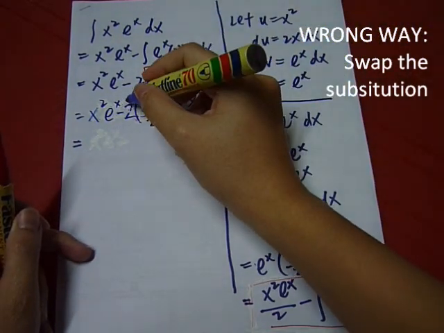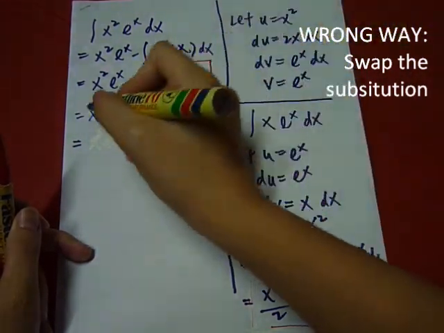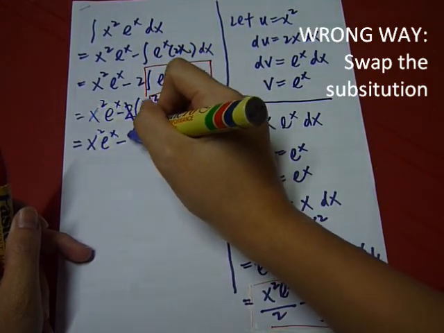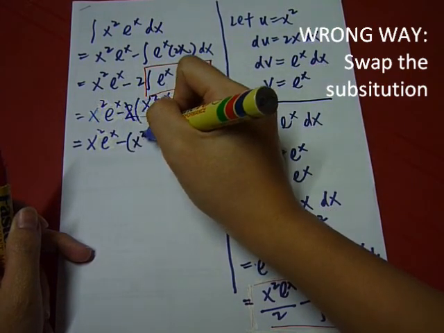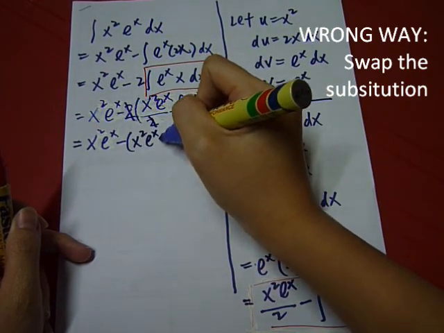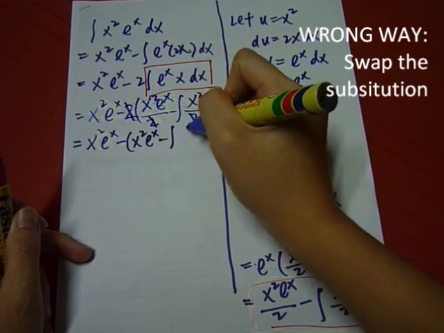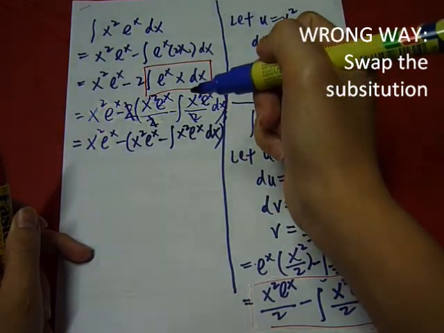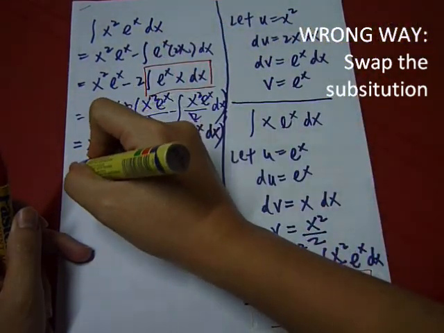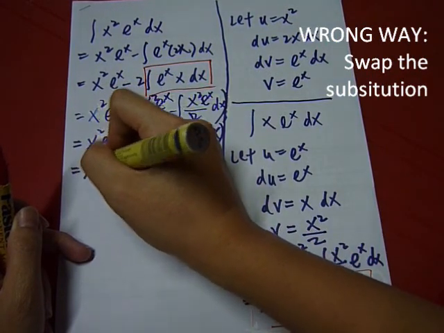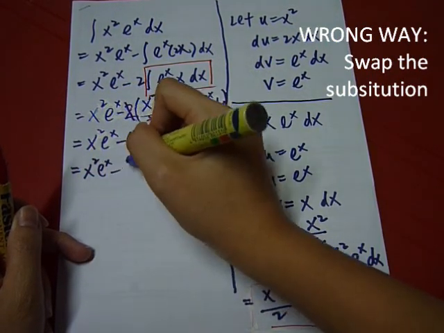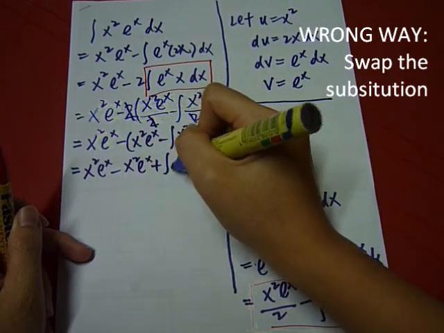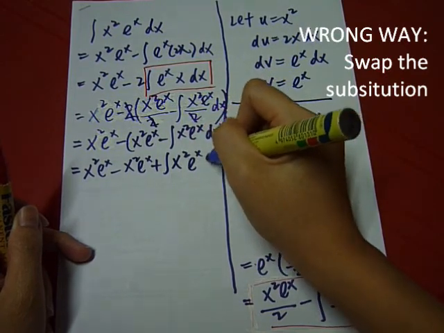And then we cancel the 2. We will get x squared e^x minus x squared e^x minus integration x squared e^x dx, which is equal to x squared e^x minus x squared e^x plus integration x squared e^x dx.